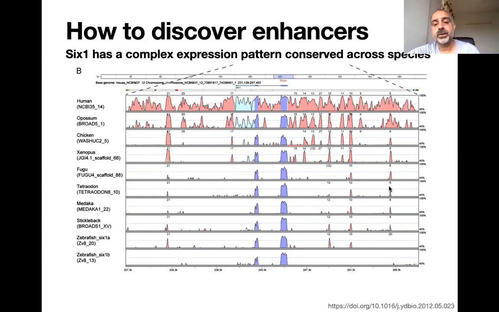Okay, and so they took the same strategy as the OTX2 group, Aizawa's group, and what they've done is to take out these sequences, clone them upstream of a reporter gene, and in this case it's beta-galactosidase, and make transgenic mice and ask where expression is being driven.